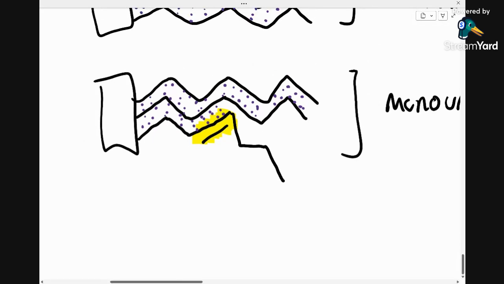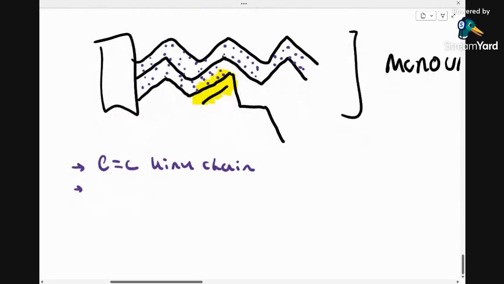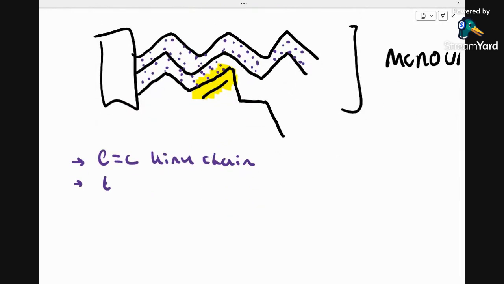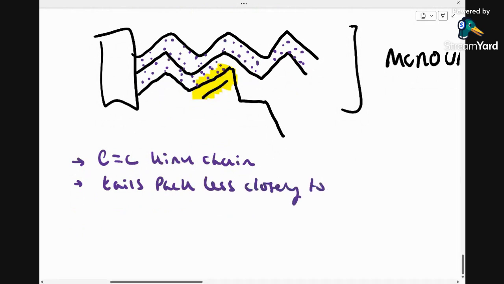That means we have fewer, so if I write that down, the carbon-carbon double bond causes a kink in the hydrocarbon chain. This leads to less close packing. So the hydrocarbon tails pack less closely together.